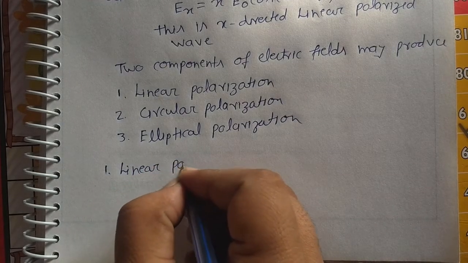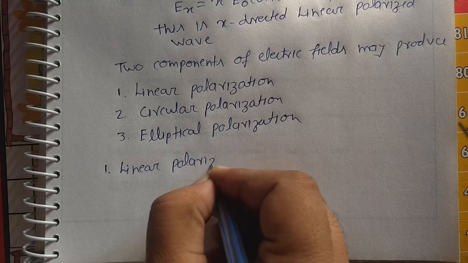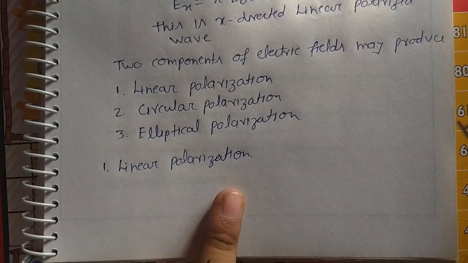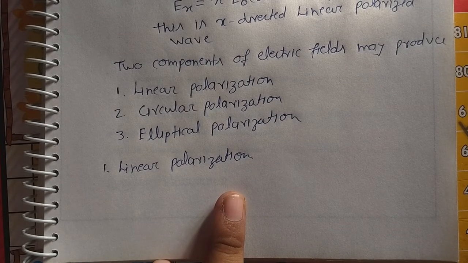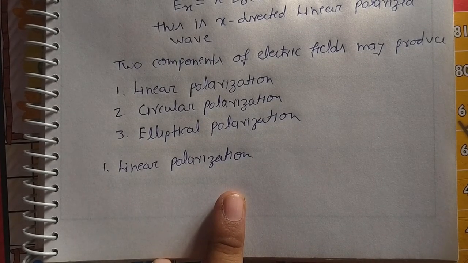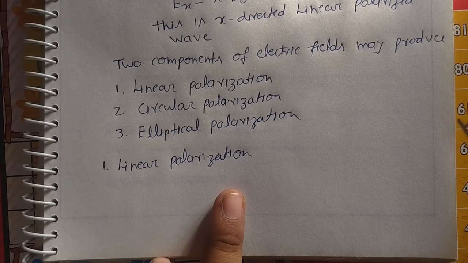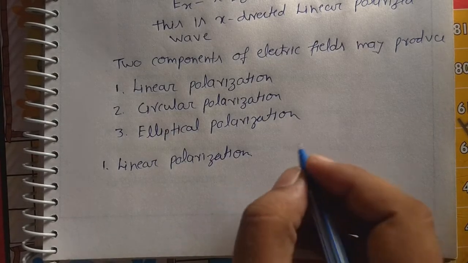Linear polarization. Two components of sinusoidally time varying field having any amplitude but same phase will produce only a linear polarized wave.